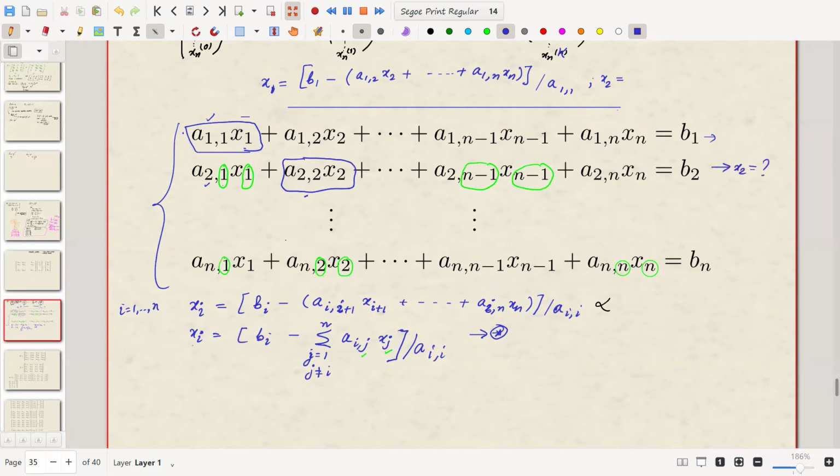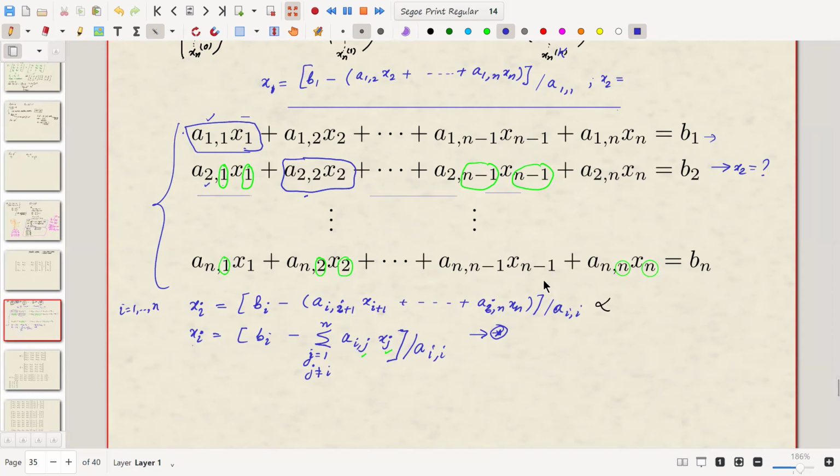x2 equals to... from this equation, the second equation, what is x2? Take all these elements to the right hand side, and divide by a22.